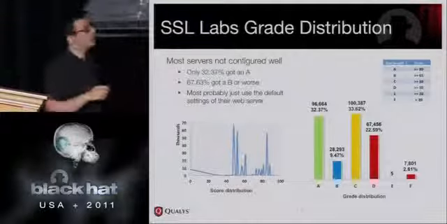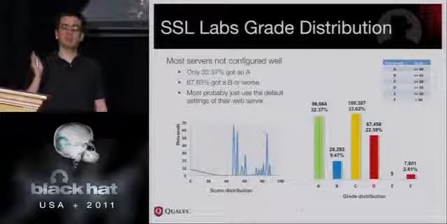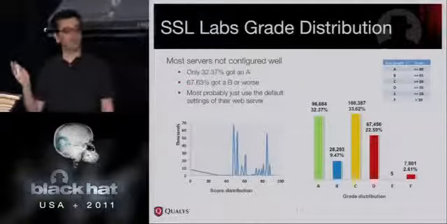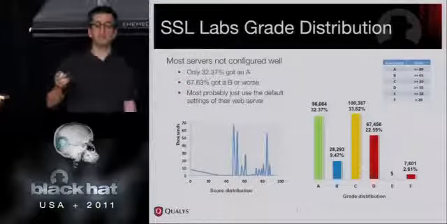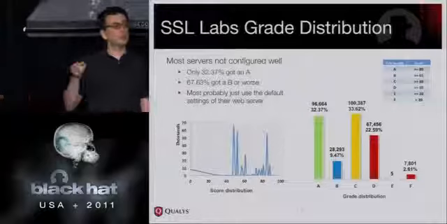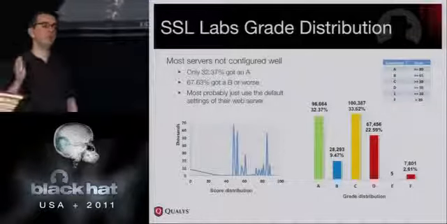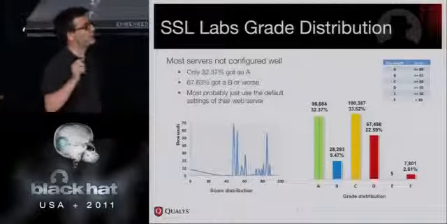And here is the high-level verdict. We give every site a grade from A to F, and you can see here that about 1/3 of all sites are well configured. And we reckon these are sites where people went and did their job properly, understood what they needed to do, and they did it. It basically takes from 15 minutes to half an hour to properly secure an SSL server, to properly configure it.